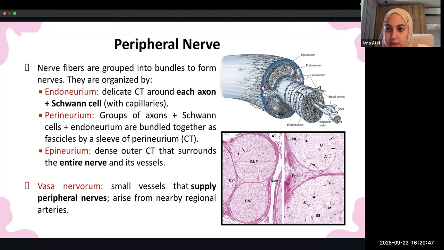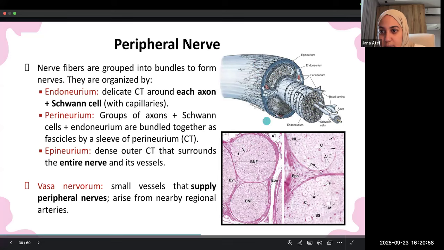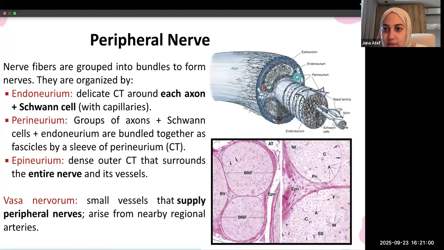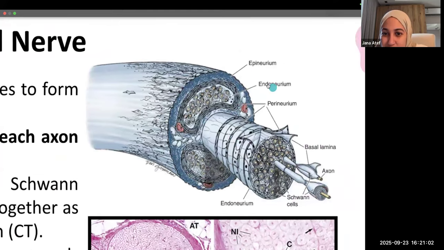Epineurium covers the entire thing, and perineurium covers individual fibers of that nerve. This always confuses me too, but it's exactly what you said. This entire nerve is covered by epineurium. Look at this drawing; let's see if it's clearer. Here is a group of axons, and endoneurium is in between them. Perineurium is around everything together.